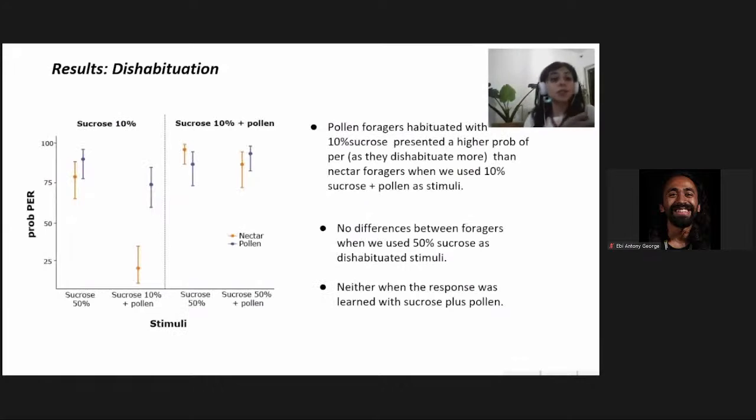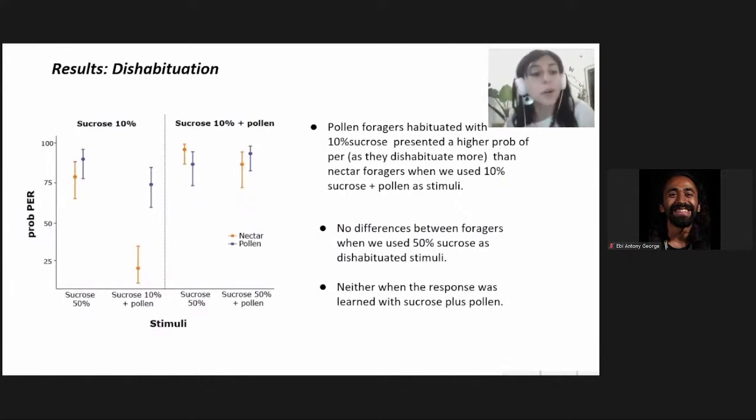As for the dishabituation trials, the x-axis corresponds to the dishabituation stimuli and the y-axis to the pair probability. To the right, you have bees habituated with 10% sucrose plus pollen, and to the left, bees habituated with 10% sucrose.